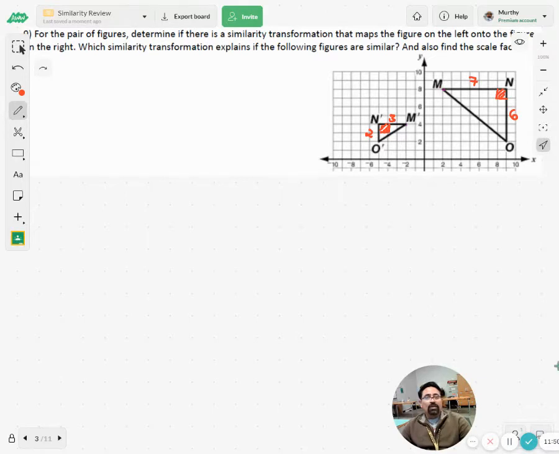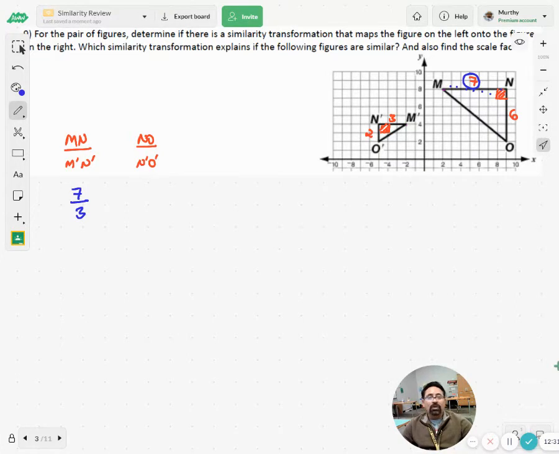So here, if I take the corresponding sides, MN and M prime N prime, these are the corresponding sides. And next, NO and N prime O prime, these are the corresponding sides. So let me plug in the values. I see that MN is 7 units, 1, 2, 3, 4, 5, 6, 7 units, and M prime N prime is 3 units.